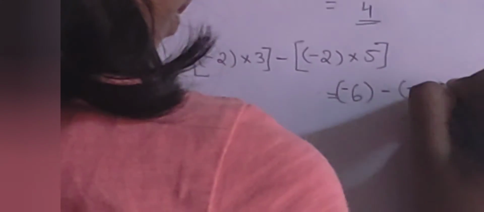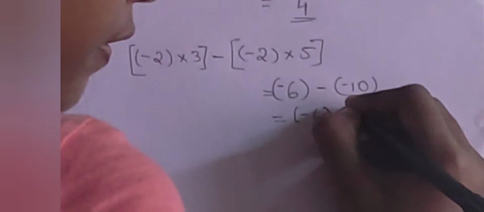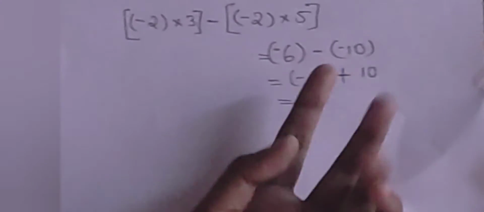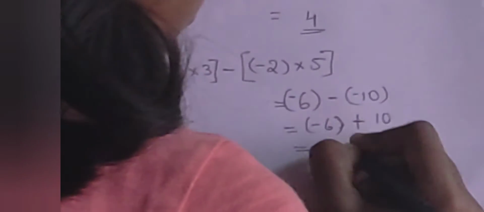So it is negative 10, is equal to negative 6 plus, change the sign, here we have negative, so change it to positive, positive 10, is equal to, subtract it. Here we have one negative and positive, so subtract it. 10 minus 6, 4. So here the bigger number is 10. So the answer is positive 4.